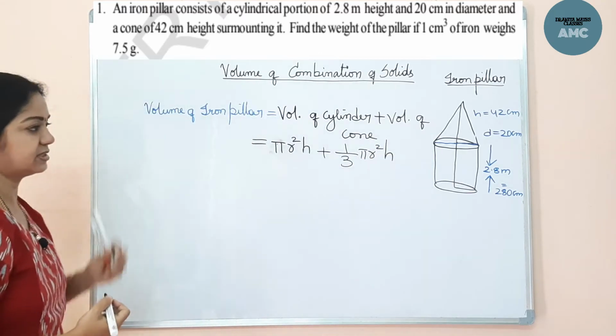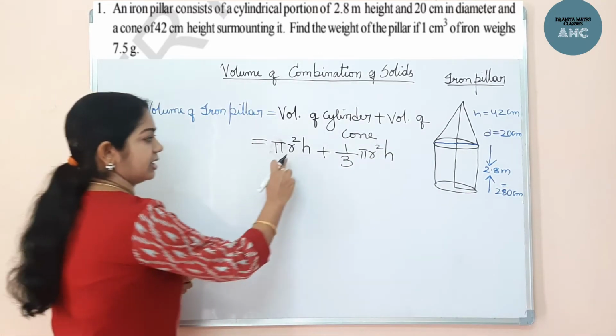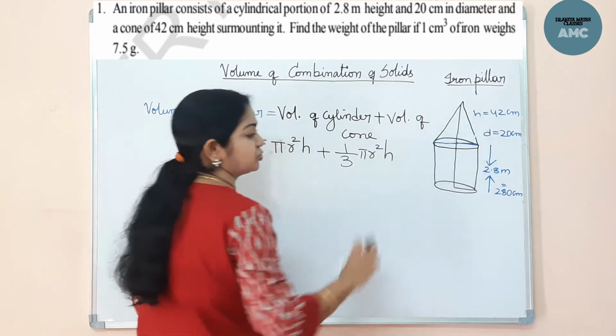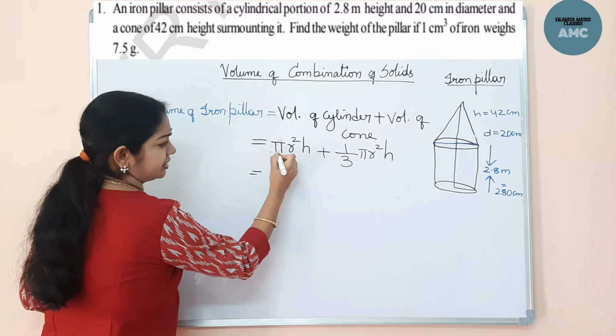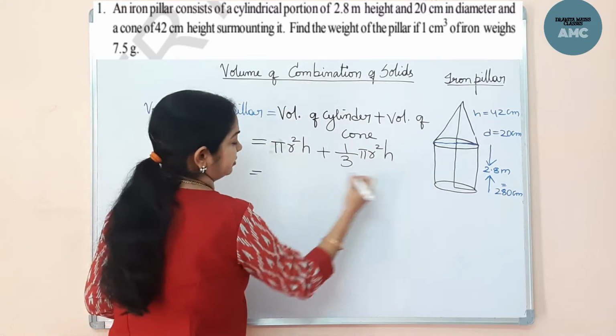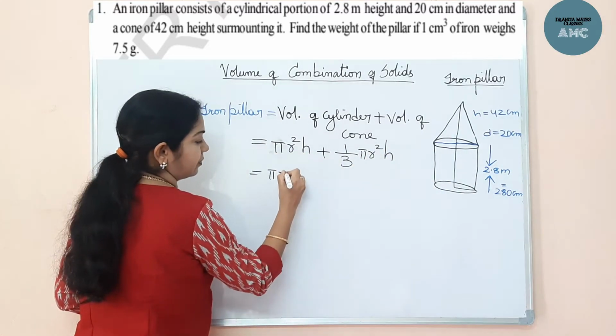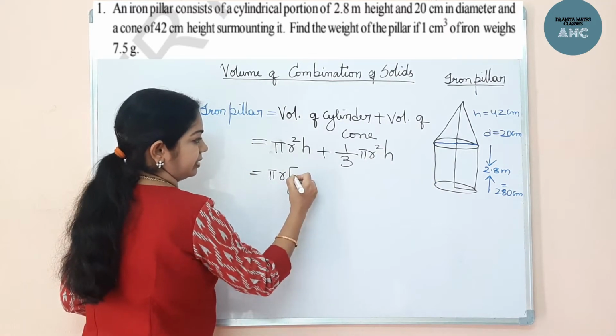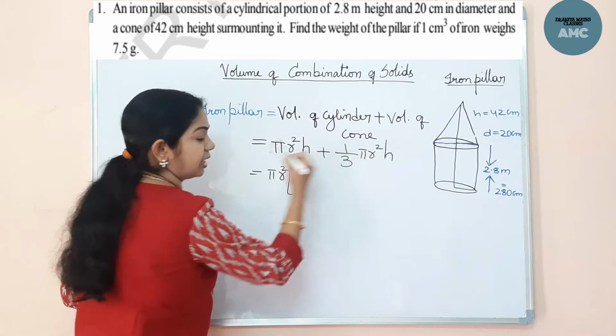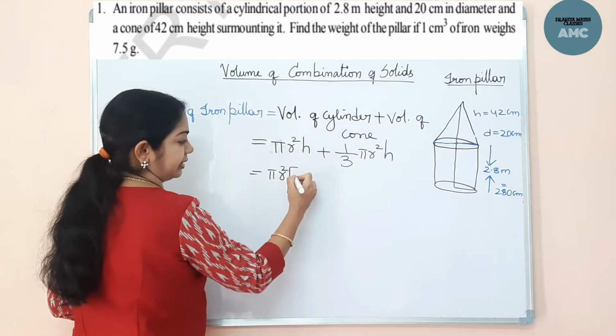Now we will substitute here. Since the r value is the same but the h values are changing, since pi and r are the same here, pi is the standard value and r is on the same base, I'll take it out. Remaining is r square. In both r square is common, so I'll take it out.